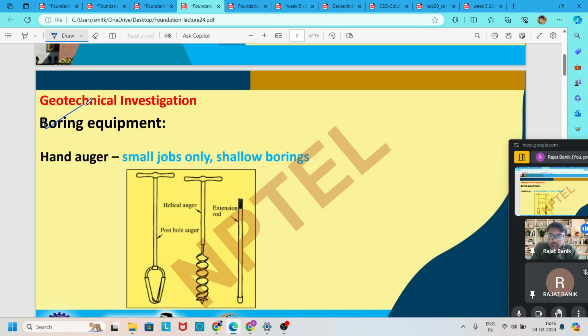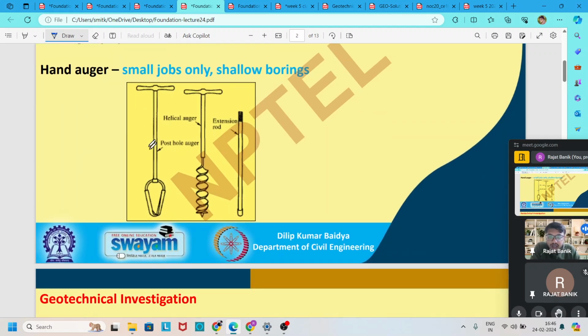For shallow boring or small projects, we need a hand auger. These are the different types of hand auger. One is called post hole auger, another is called helical auger, and this is called extension rod.